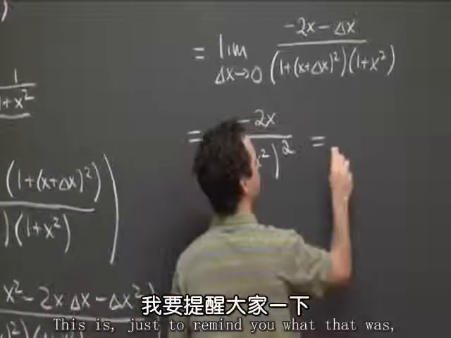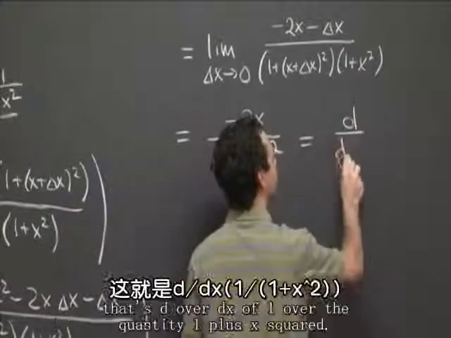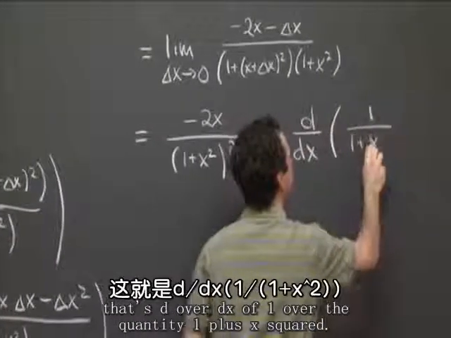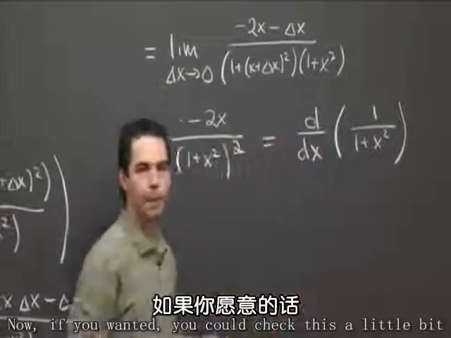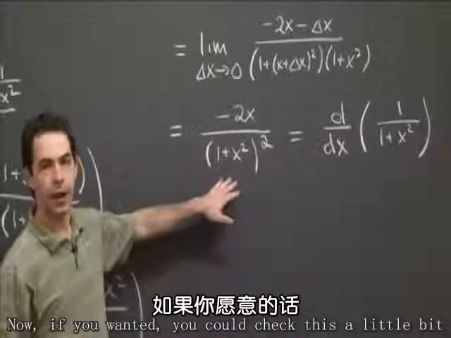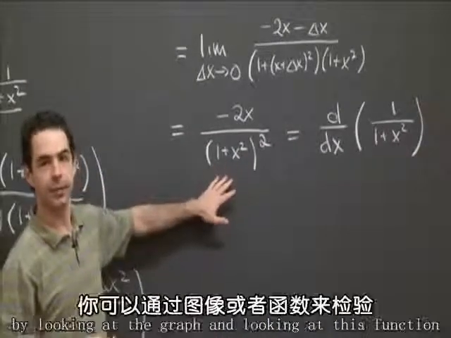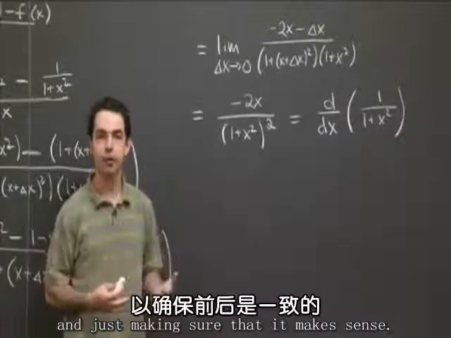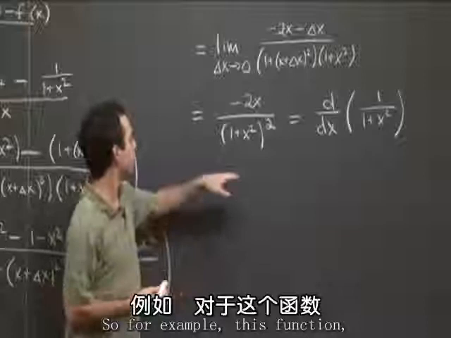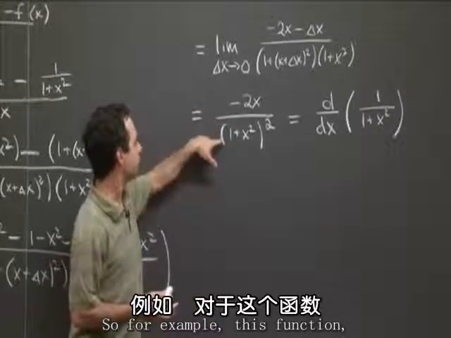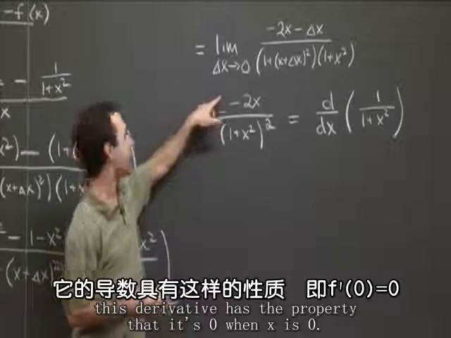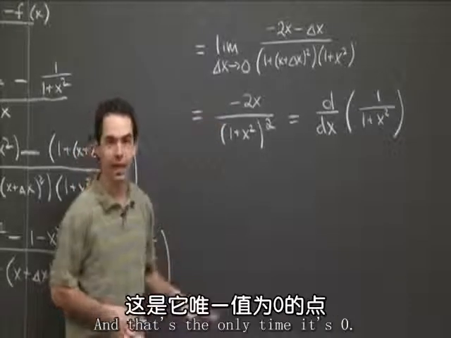This is, just to remind you what that was, d over dx of 1 over the quantity 1 plus x squared. Now, if you wanted, you could check this a little bit by looking at the graph and looking at this function and just making sure that it makes sense. So, for example, this derivative has the property that it's 0 when x is 0, and that's the only time it's 0.